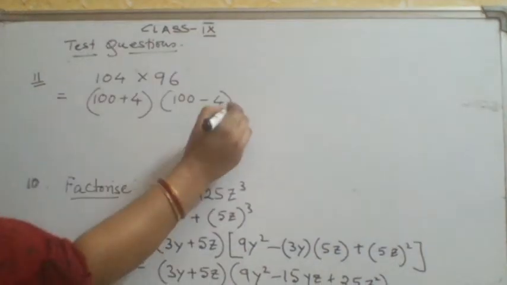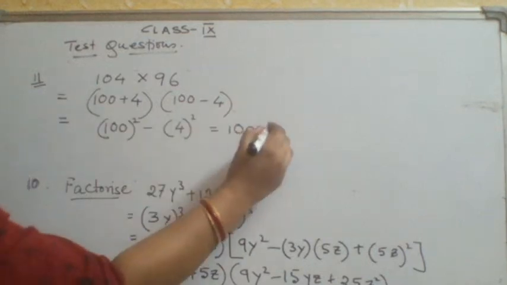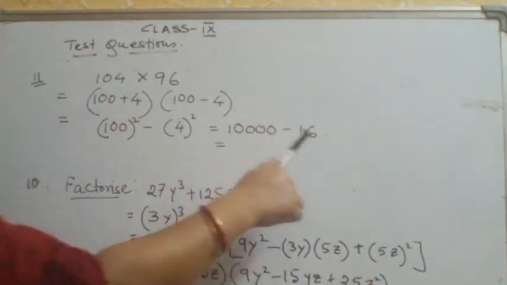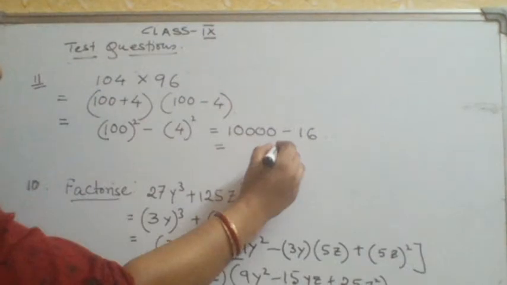So the identity a plus b into a minus b goes over here: 100 square minus 4 square, that is minus 16. You find the answer, and this is 9984.